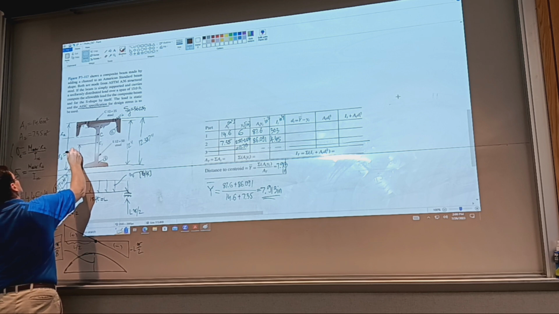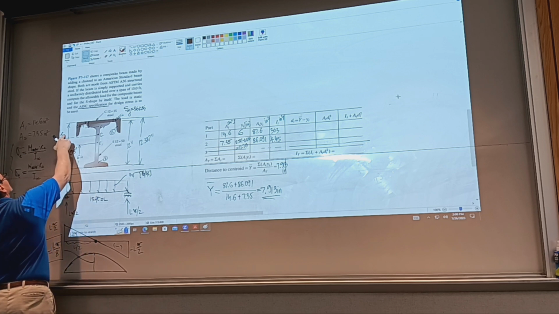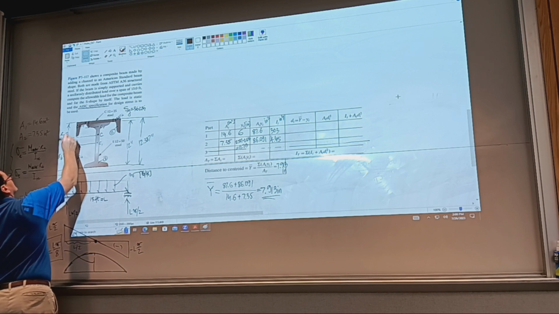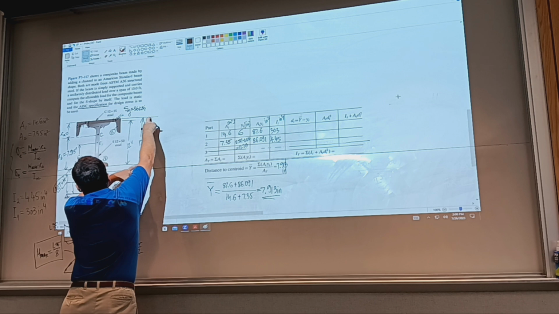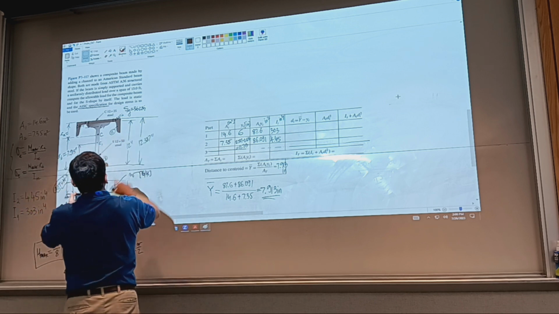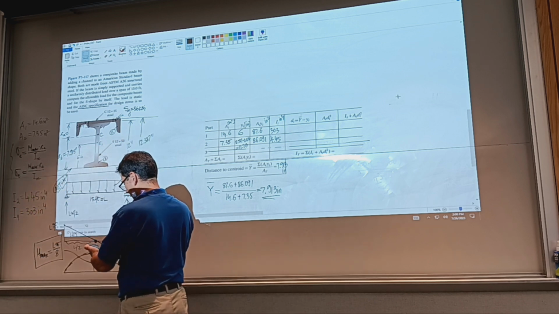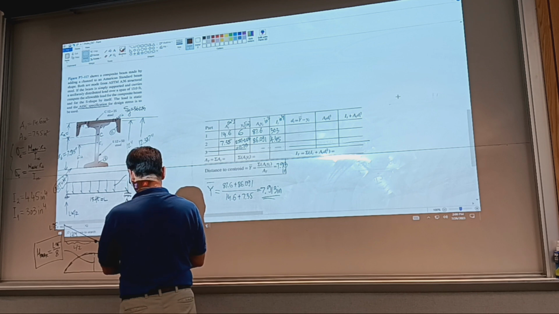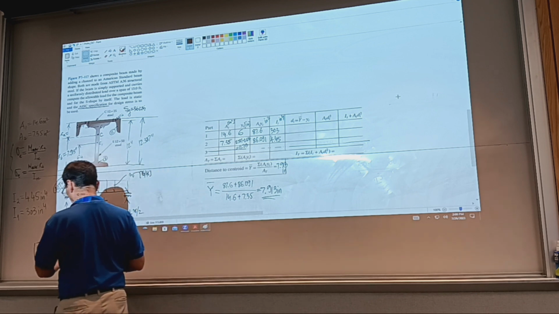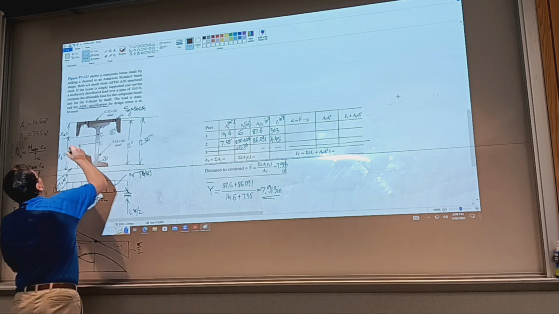So CB equals 7.913. This other one now is going to be what? CA is going to be this piece minus this one. So I say negative 7.913 plus 12.387, and this is 4.474.